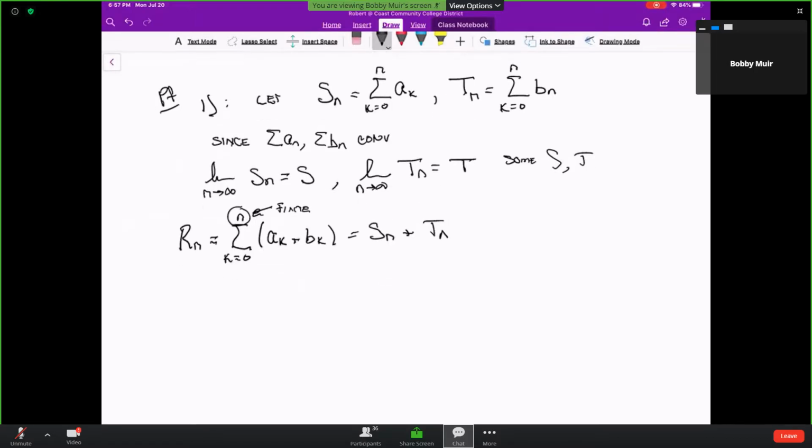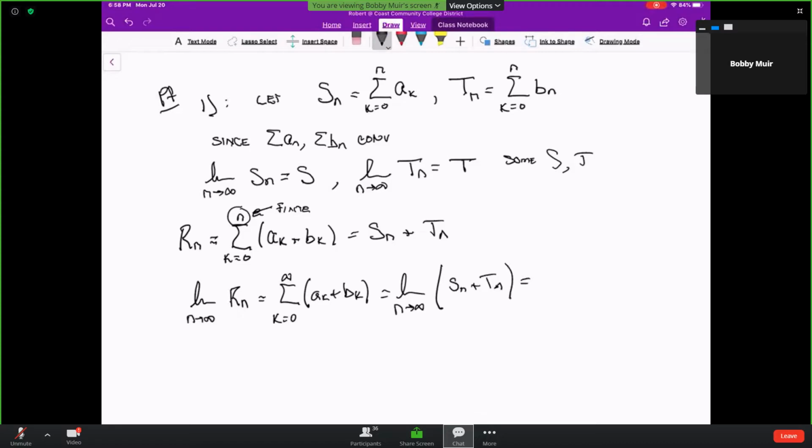So we're looking for the limit as n tends to infinity of R_n, and that's going to be the sum 0 to infinity of a_k plus b_k. That's the limit as n tends to infinity of S_n plus T_n.